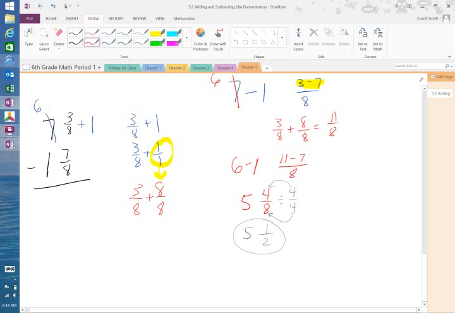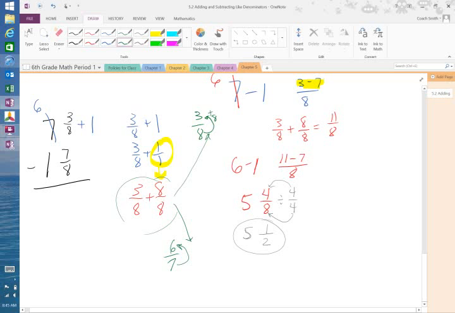Realistically, eventually you will get to the point of just understanding that when I have 3/8 and I borrow, I'm just going to add 8 to the top number. If I had 6 over 7 and I was borrowing, I would just add 7 to the top number and make it 13. Instead of having to do this right here, I can just add it like this and know that that's what I'm doing.